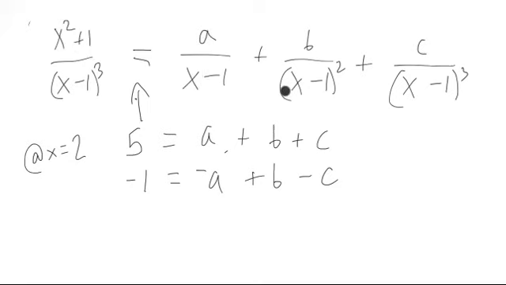Or we could do a half. People are okay with fractions. We could just do 3. That's fine. So that would be a over 2, because we're plugging in x equals 3.